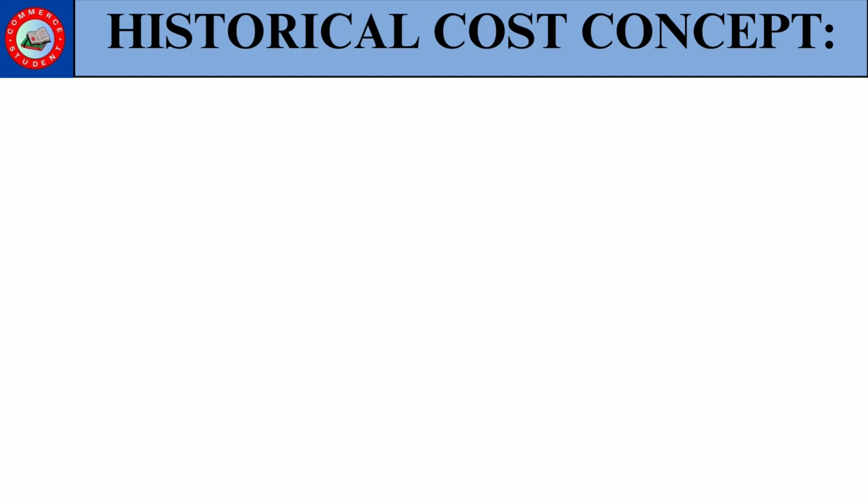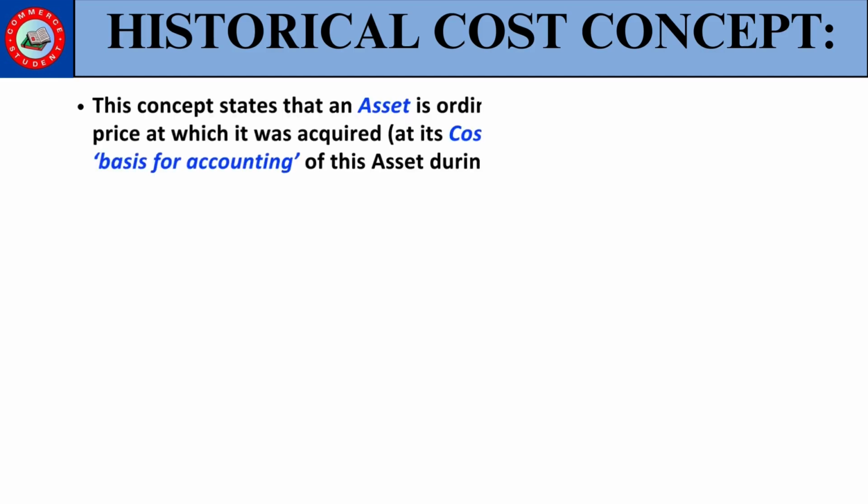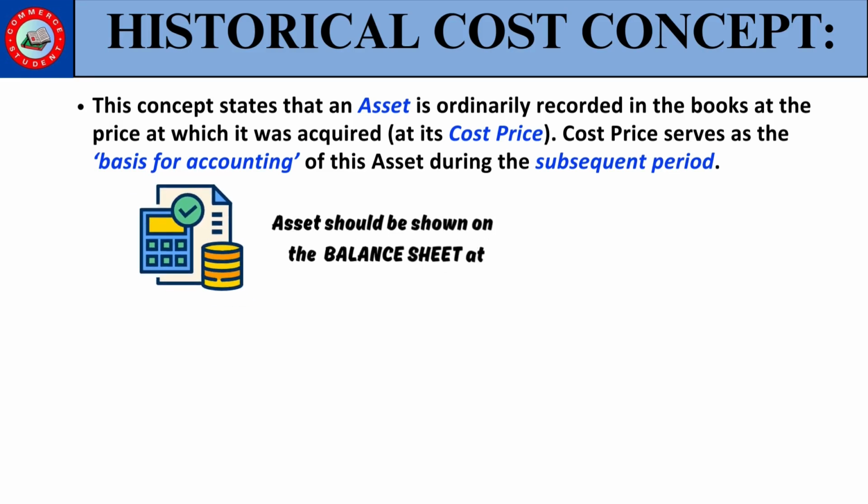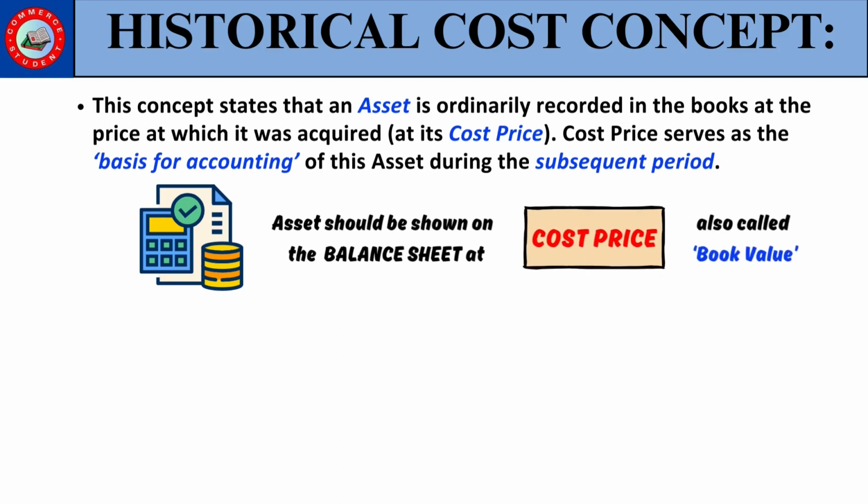Historical cost concept. According to this concept, when a business acquires an asset, it is recorded in the books at the price it was purchased for, that is cost price. And this price becomes the basis for accounting for the asset in the future.